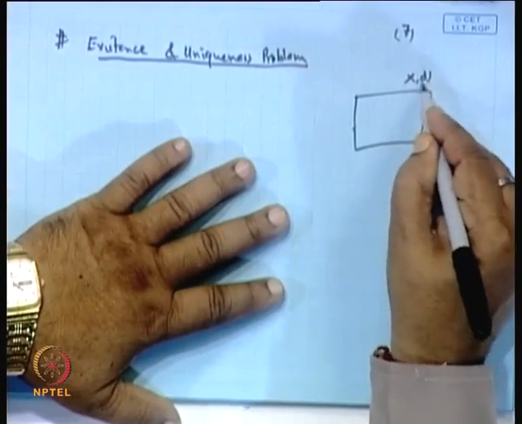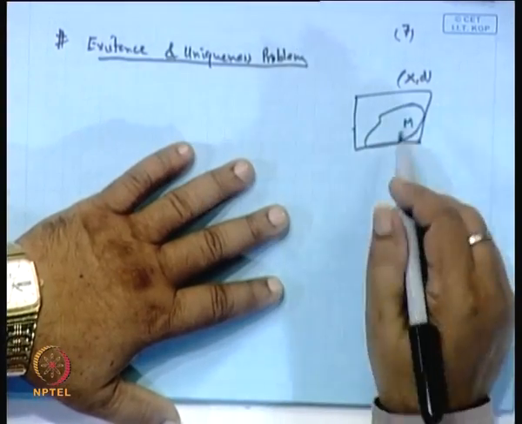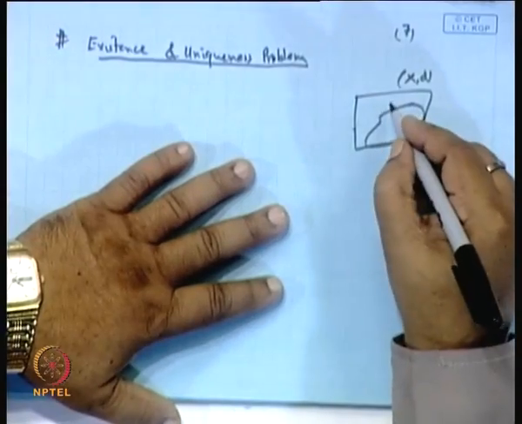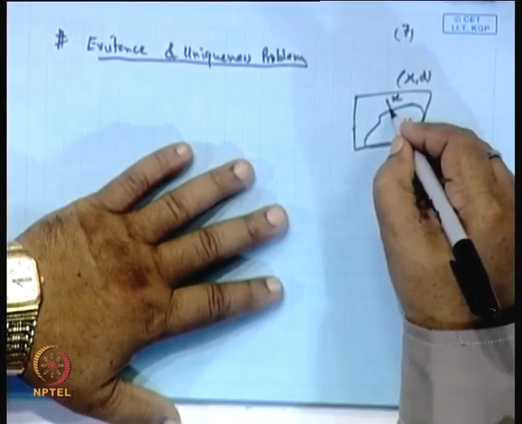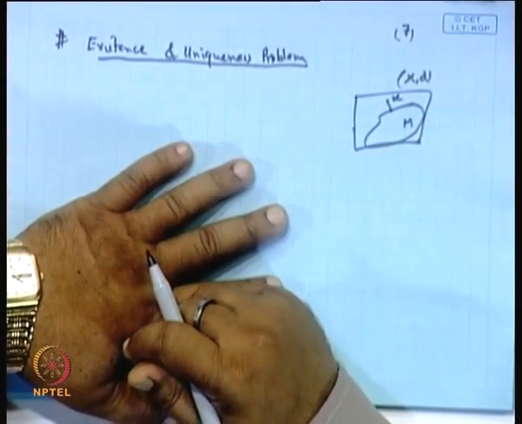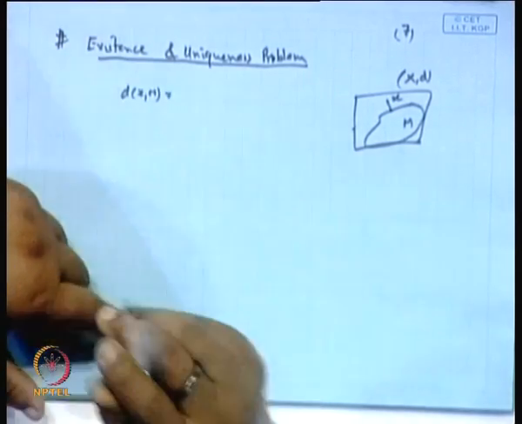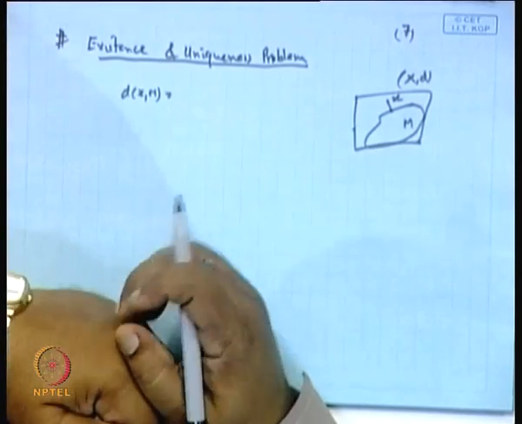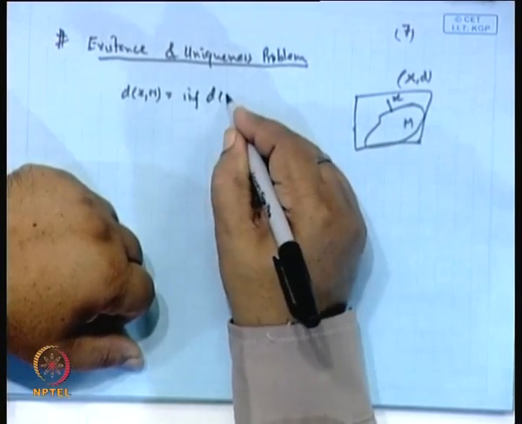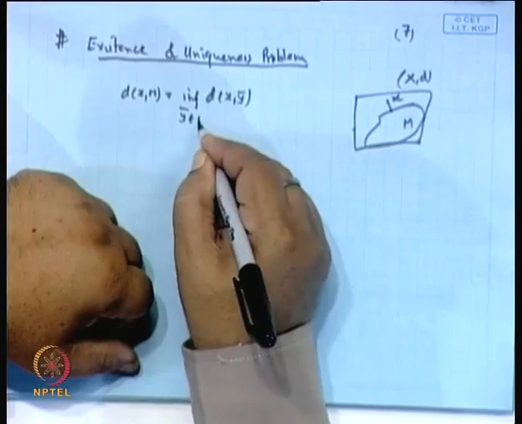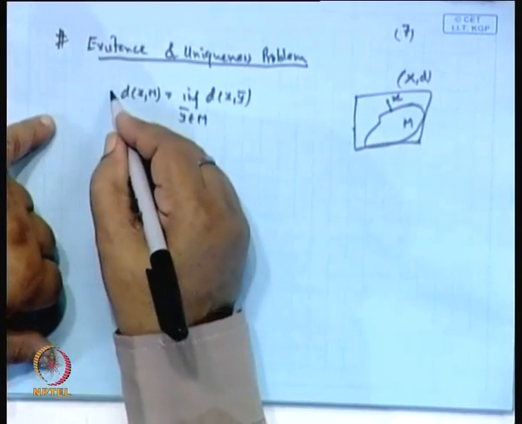Suppose X is a metric space (X, d), and let M be a subset of X. If I take x here and I am interested in finding the distance from x to M, then how to find the distance? d(x, M) is equal to the infimum of d(x, y-bar), where y-bar belongs to M, is it not? This distance, let it be denoted by delta.